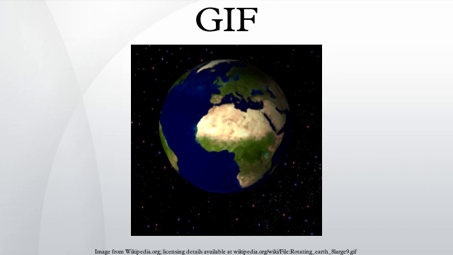The following example shows the structure of the animation file rotating Earth GIF shown at the top of the article. Byte hexadecimal, value, meaning. 0: 47 49 46 38 39 61, GIF 89a header. Logical screen descriptor. 6: 90 01, 400, width in pixels. 8: 90 01, 400, height in pixels.